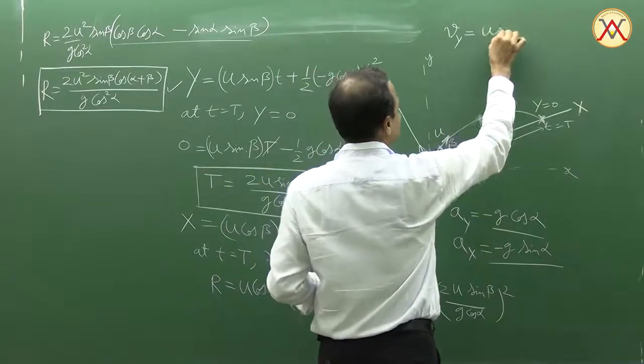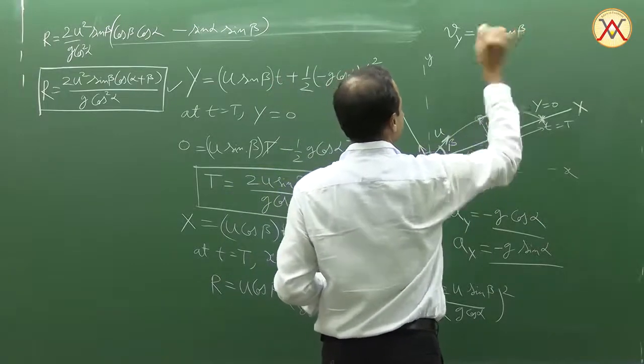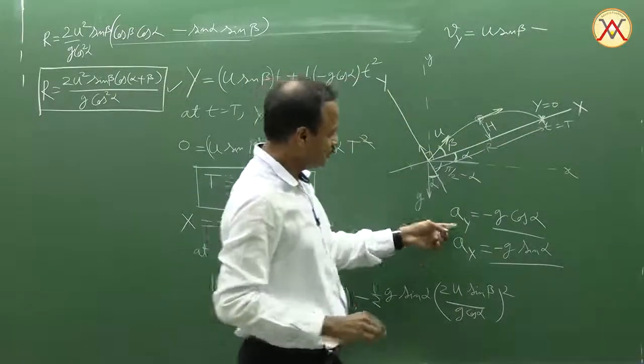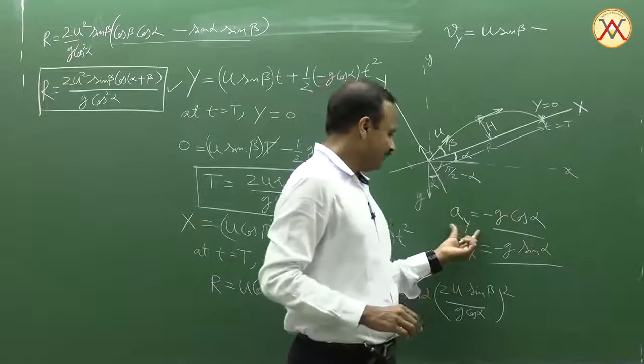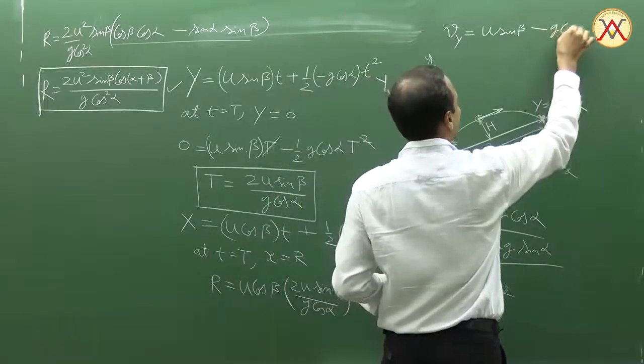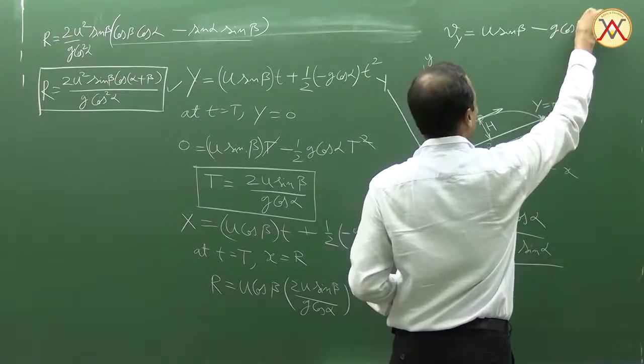So u sin beta minus, or you can say plus a_y t. If the value of a_y itself is negative, so it is minus g cos alpha into t.